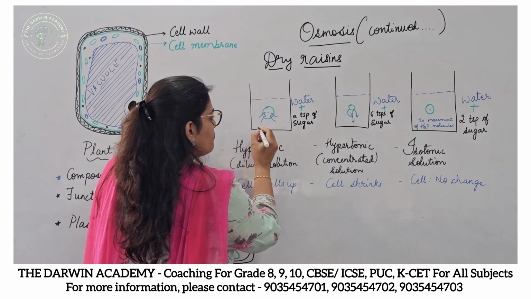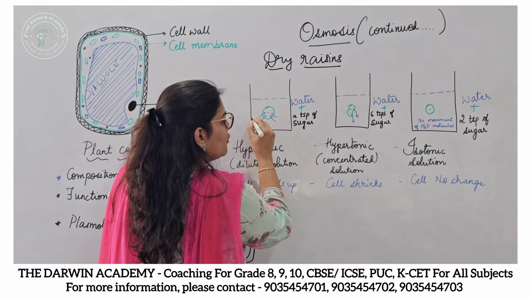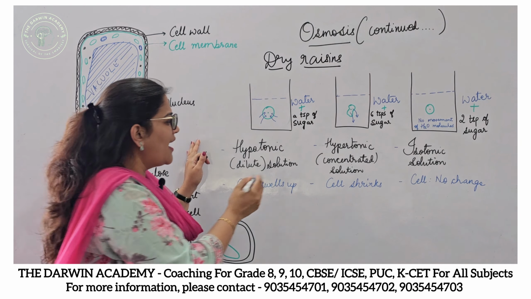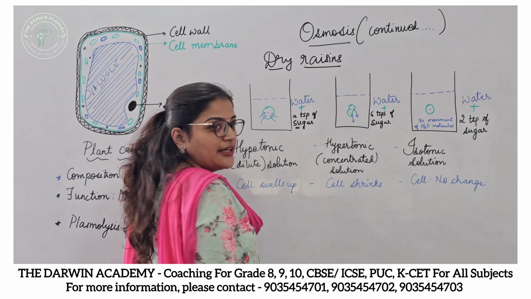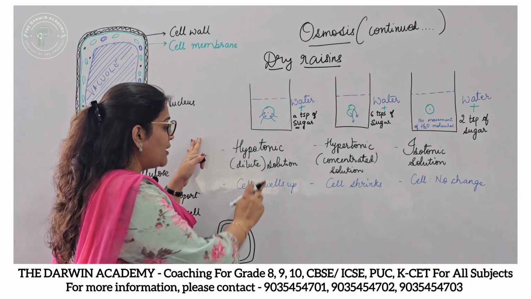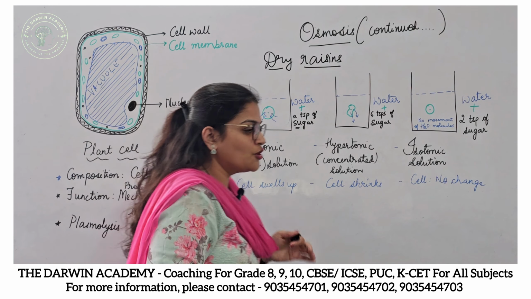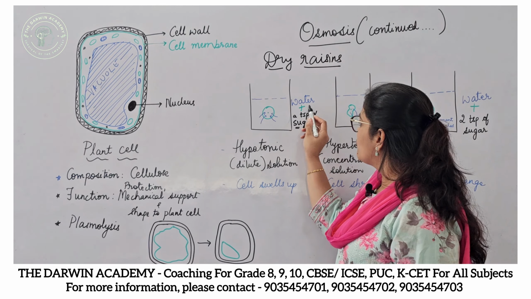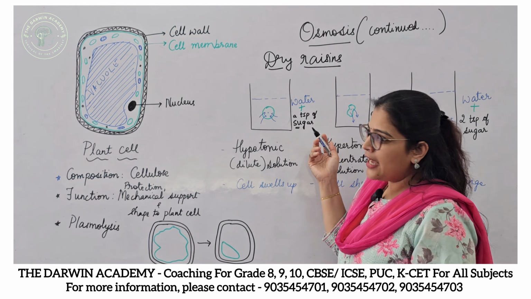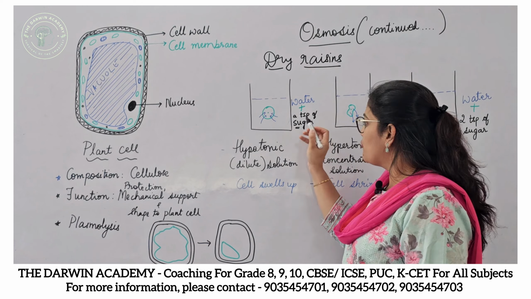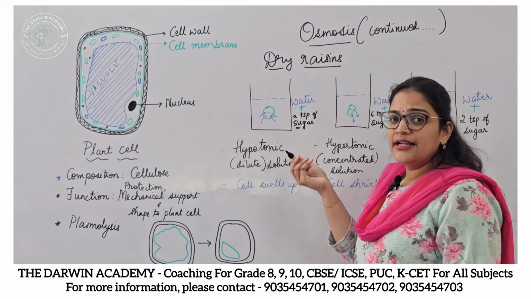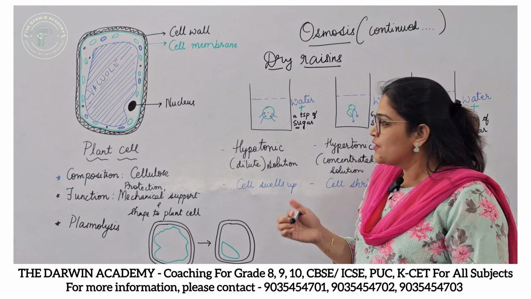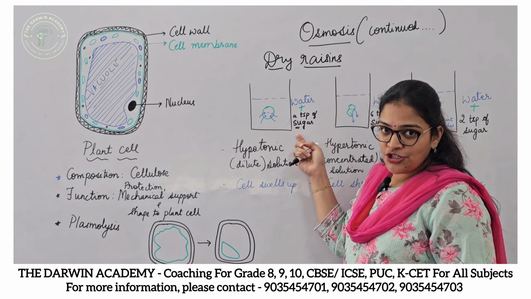There is more water on the outside and very little sugar. Remember, this is a dilute solution of what? I've taken water, probably around 100 ml or 150 ml, then added a teaspoon of sugar and stirred it. So this is a dilute sugar solution, isn't it?